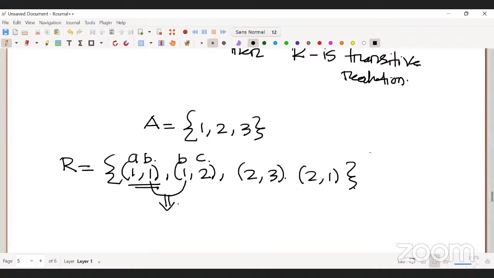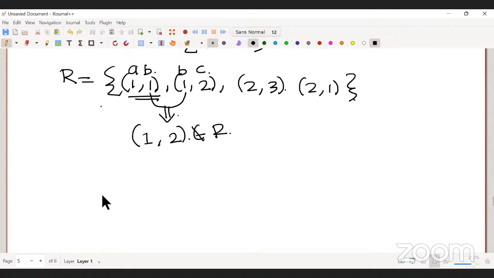If I take (A, C), I will get (1,2). But (1,2) is not inside R, right? That means R is not a transitive relation. I don't have to check the other elements. If it doesn't satisfy for two tuples, then from there itself I can say that R is not a transitive relation.